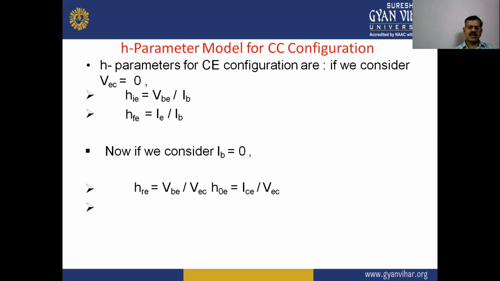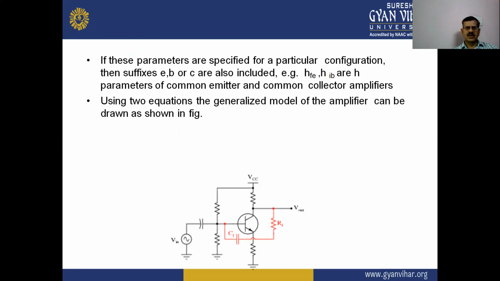So now if we consider IB equal to 0, hre equal to VBE upon VEC and hoe equal to IE upon VEC. So these are the parameters for the common collector configuration.